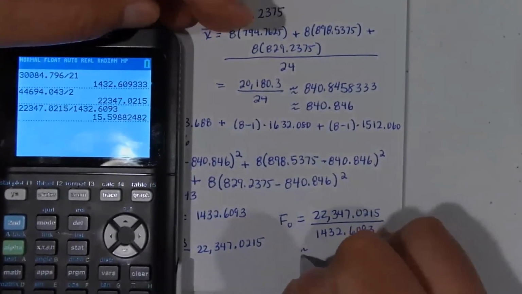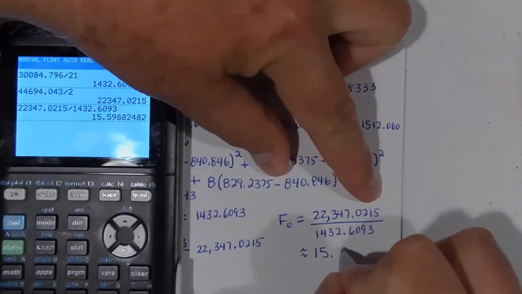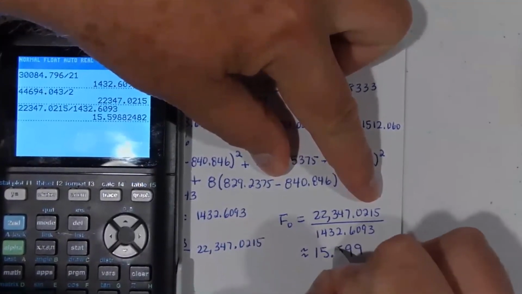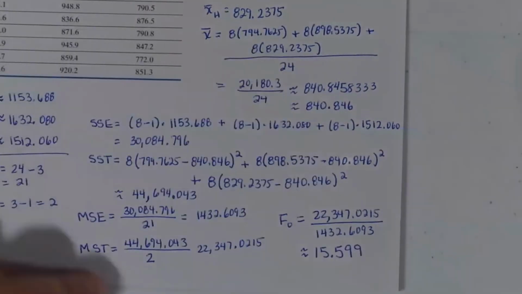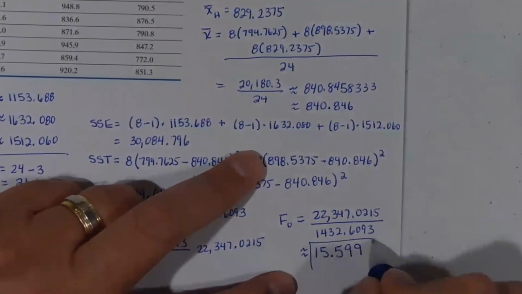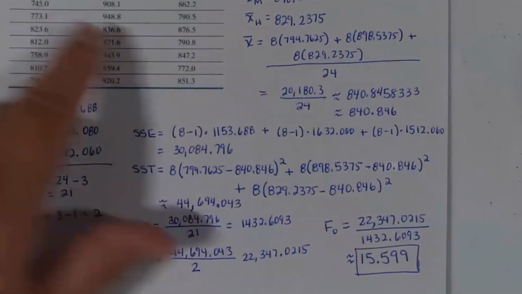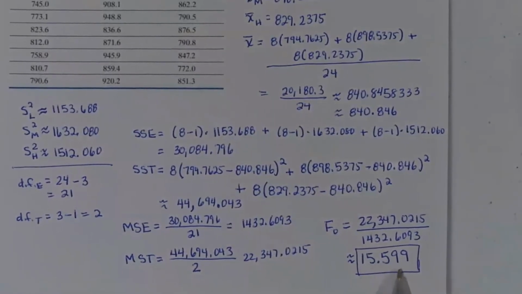And that's approximately 15.599 if I round to 3 places. So for our calcium consumption problem, for the different groups of children who eat only lean meats, only mixed meats, or only higher fat meats, the test statistic is approximately 15.599.